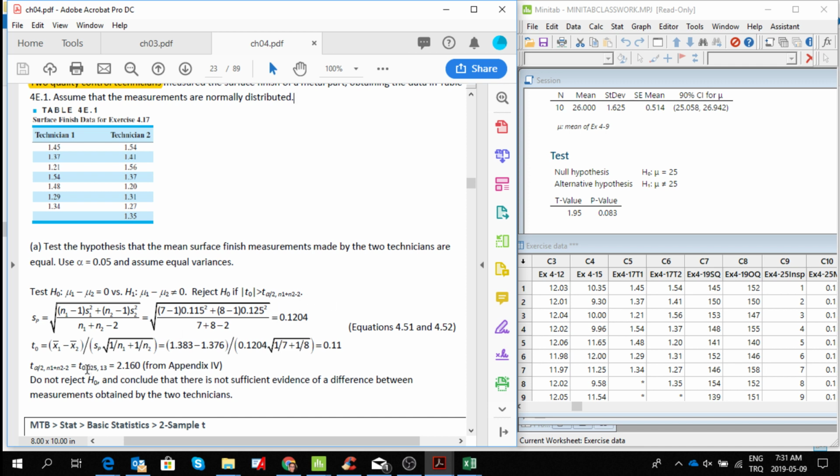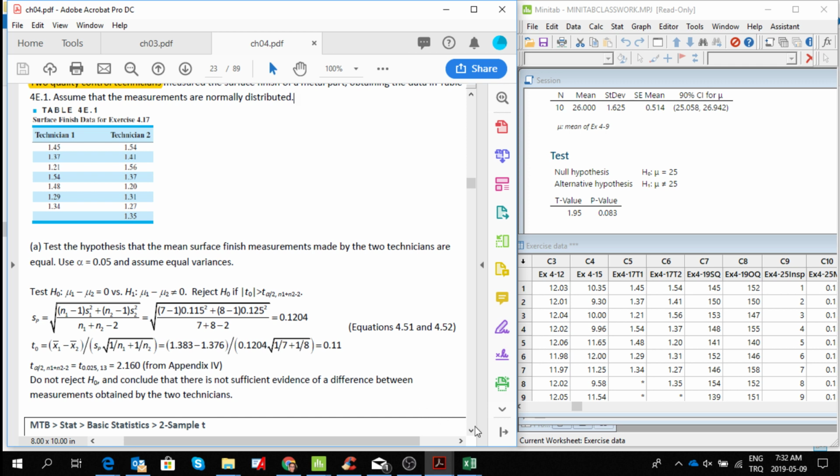So we go to the T table and we get that value too. The value is 2.160. So we compare these two values. We do not reject H0 because the absolute value of T0 is less than t alpha over 2. In other words, there is not enough evidence of a difference between measurements obtained by the two technicians.